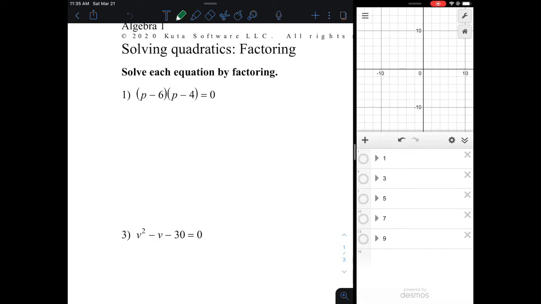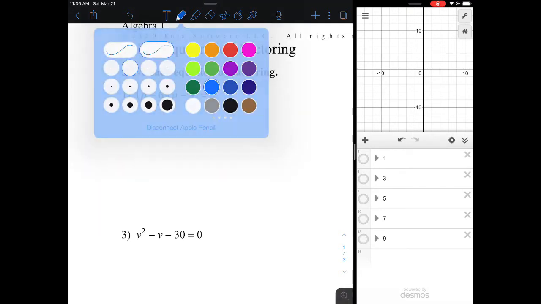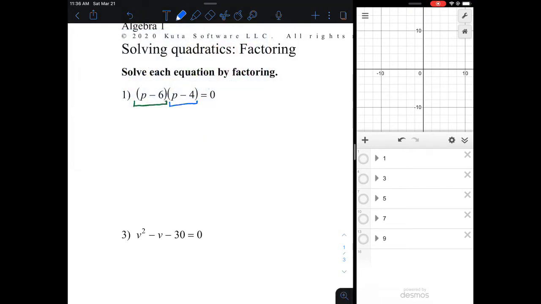And so when I'm solving a question like right here, the first one, because of the product of p minus 6 being multiplied to p minus 4, they have to multiply together to be 0.